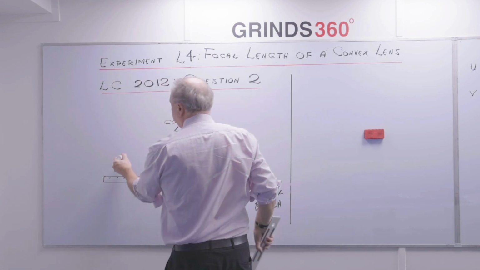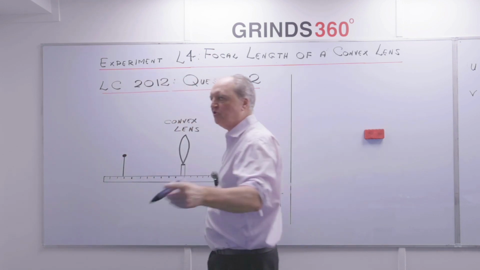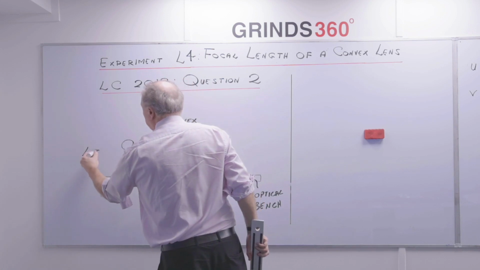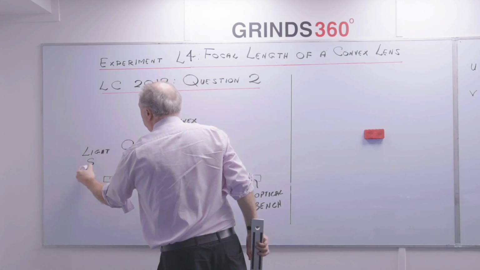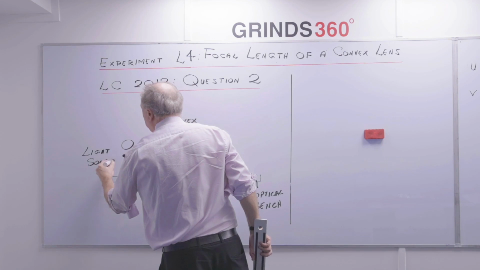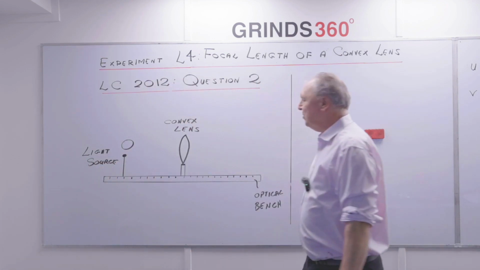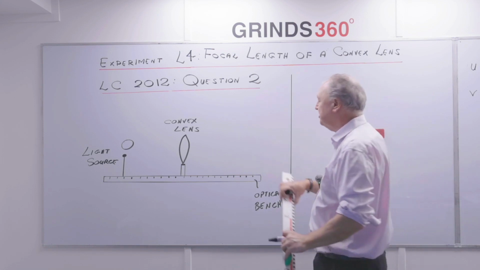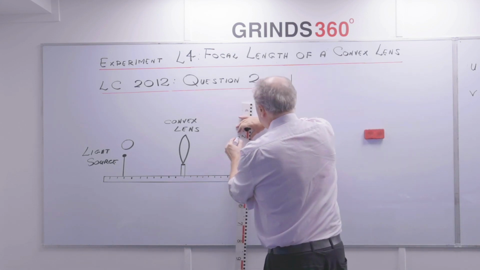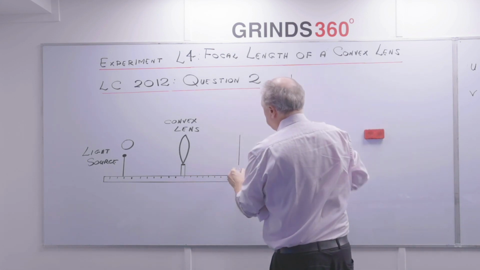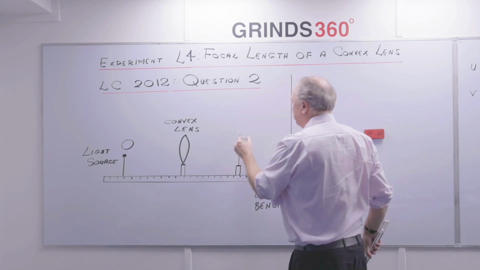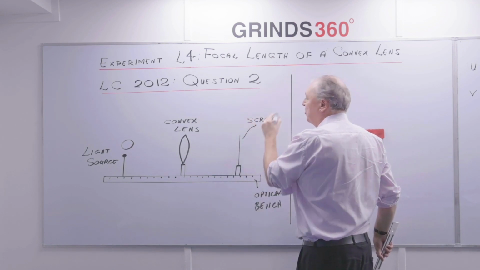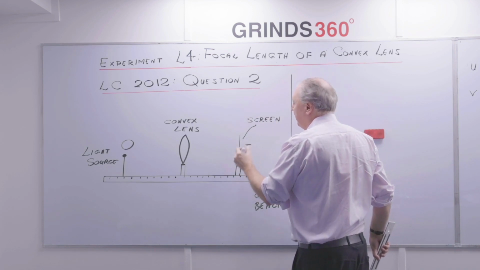The filament inside the bulb will represent your object O. So this here is my light source. The light will go through the converging lens, and if I want to capture the image of the object, then I'm going to place a screen on the far side. There's my screen, which is just a white board, and the screen is where the image I will be formed.